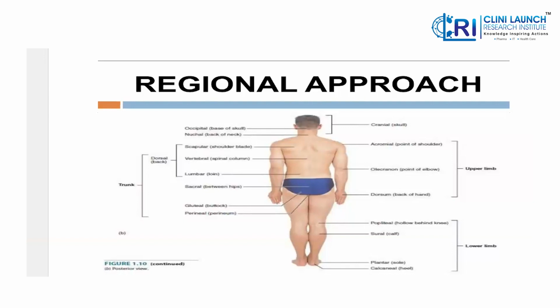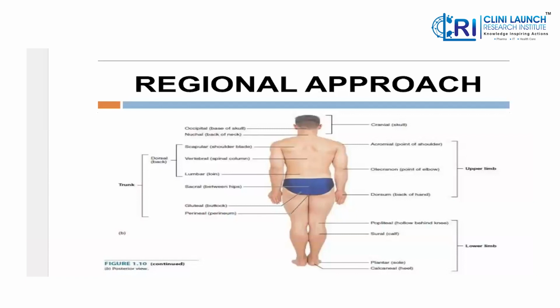Which plane cuts anterior and posterior? Which plane divides anterior and posterior into two?